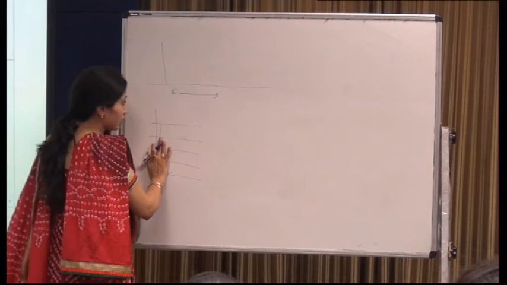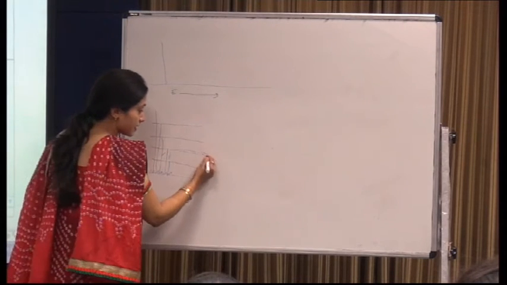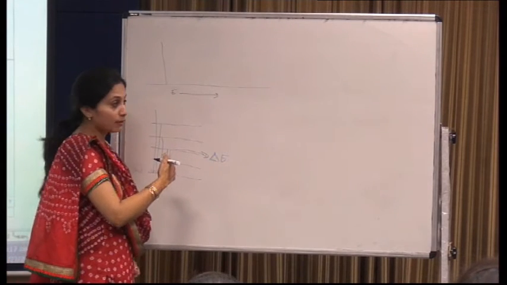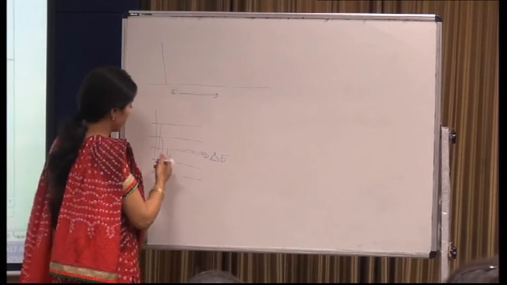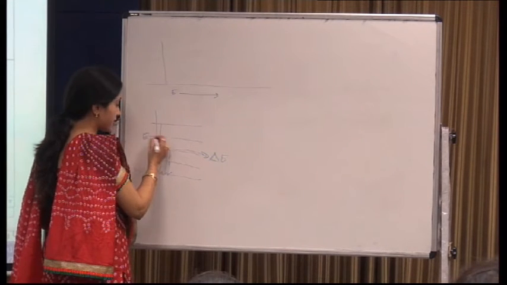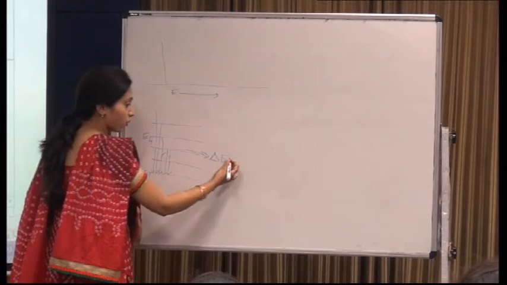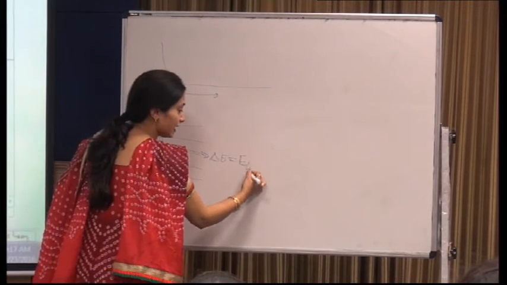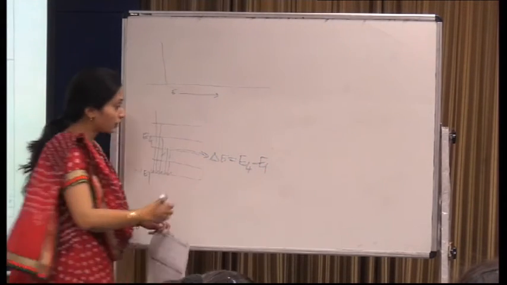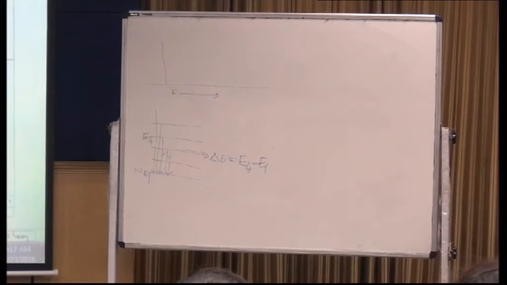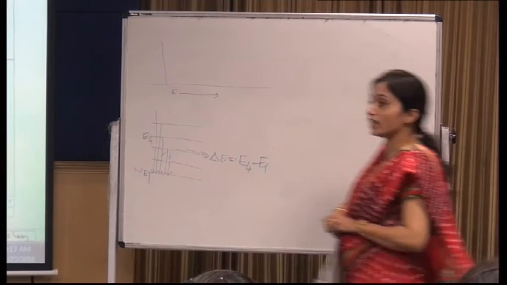So whatever energy comes from this delta E, from this transition, say from E4 to E1, what is your delta E in that case? E4 minus E1.